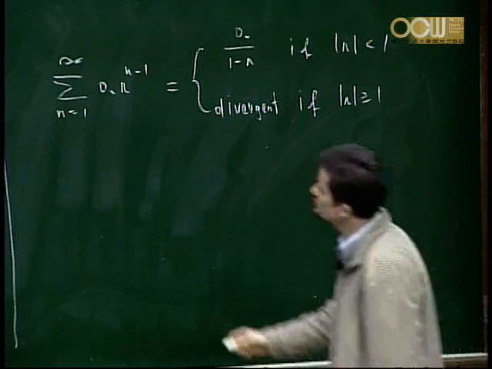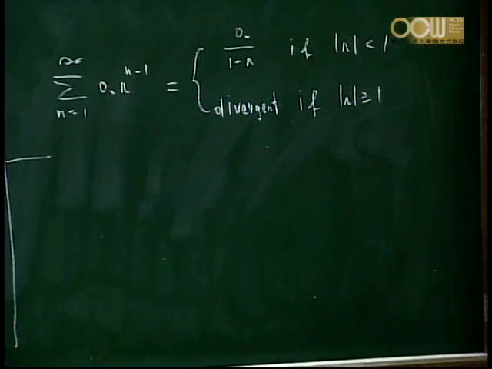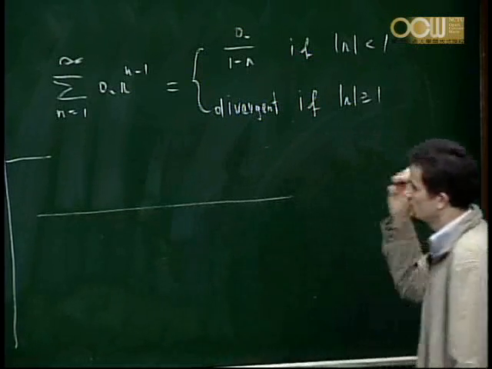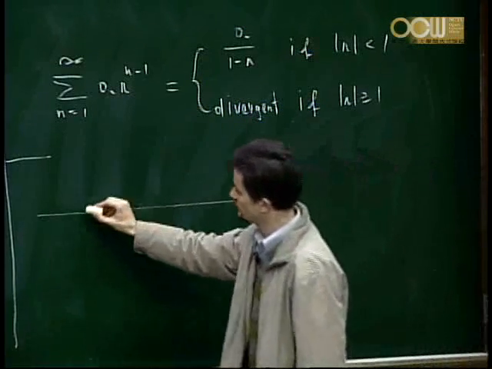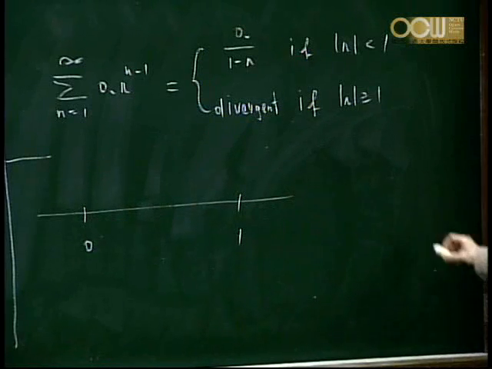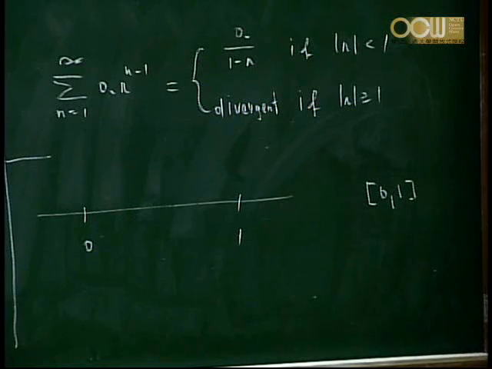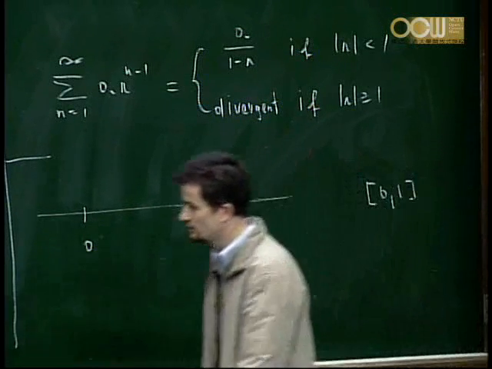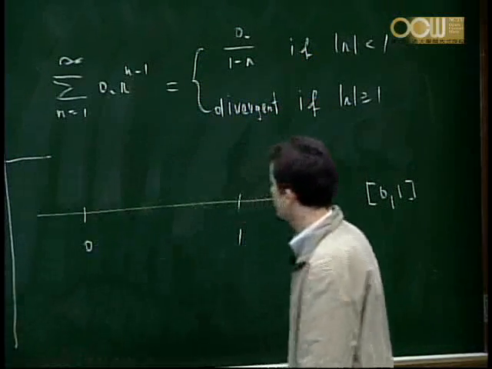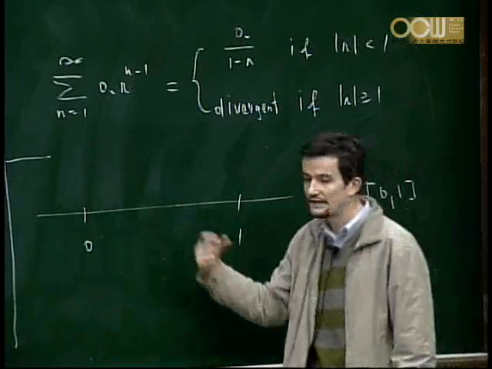Okay, so maybe let's look at one example which is related to this, which is maybe a more interesting example. Let's look at the closed interval from 0 to 1. So what we are looking at is this closed interval here. In the first step, we divide this interval into 3 subintervals of equal lengths, and we remove the middle.